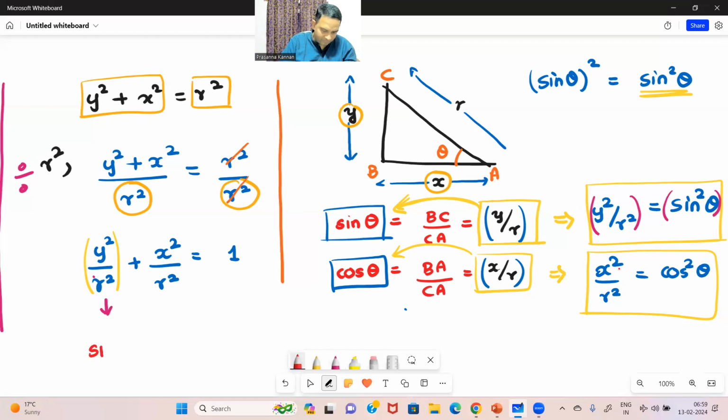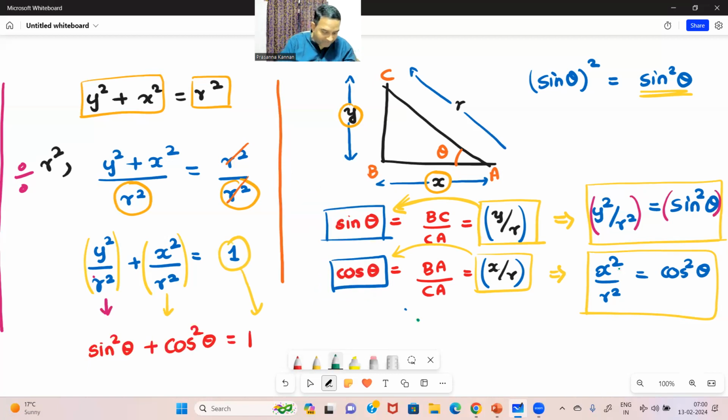Sine square theta. Good. How can I write x square by r square? Cos square theta. Equal to what? On the right side, what do you have? 1, correct.